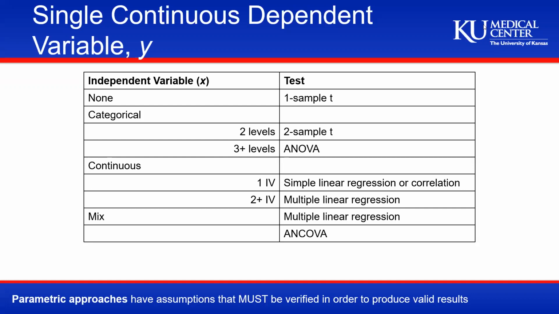If you have two treatment groups or two risk groups or two cohorts or something that categorizes your data into two independent groups, and you're comparing that continuous dependent variable between the two, that's a two sample t-test, two independent samples. If you had repeated measures, you could do a t-test as well, like in a pre-post fashion, but we're not talking about that here.